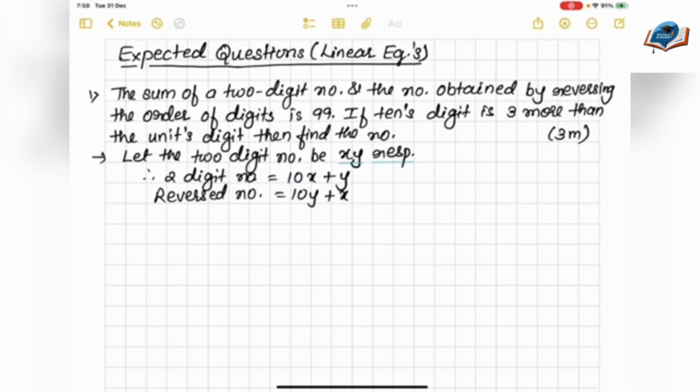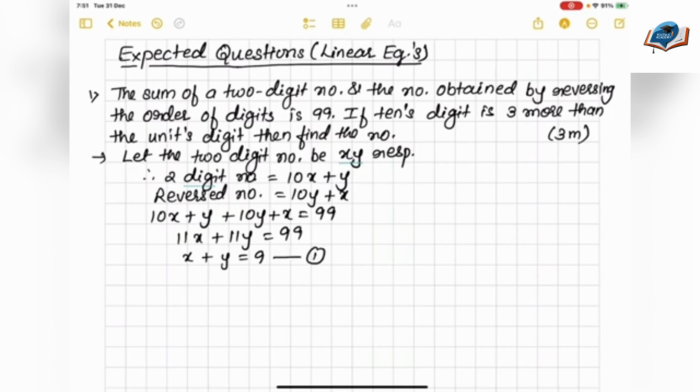The sum of both the reversed and the original number is 99. So 11x plus 11y equals 99. If I divide everything by 11, I get x plus y equals 9.